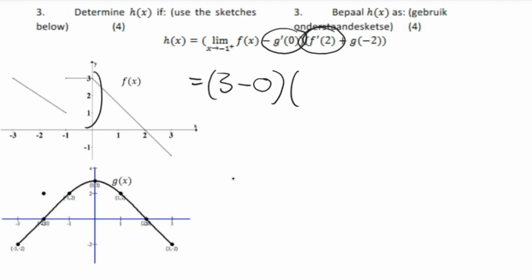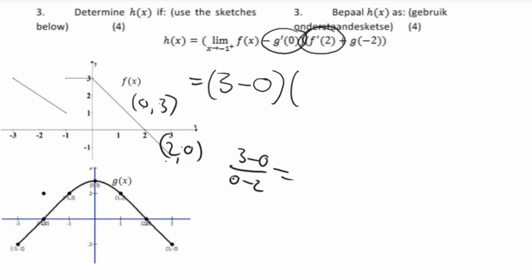You can calculate it by the points (0, 3) and (2, 0), these 2 points. You get 3 minus 0 over 0 minus 2, and this will give you -3 over 2. But with that triangle, you just get it simple like that.